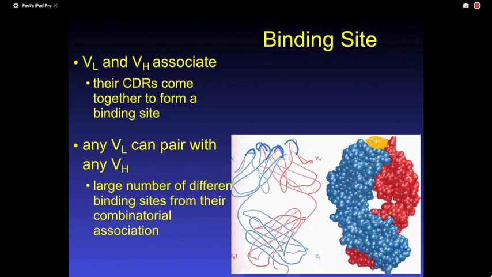Because what happens is, initially, you're going to have lots and lots of binding pockets, and if it binds to you, that self, we don't want that cell. And so that cell gets destroyed. But other cells that don't bind to you proliferate. And so you get rid of all of those cells that bind to yourself, and then you end up with a host of cells that are available in your body that can bind anything else that might get into your body.